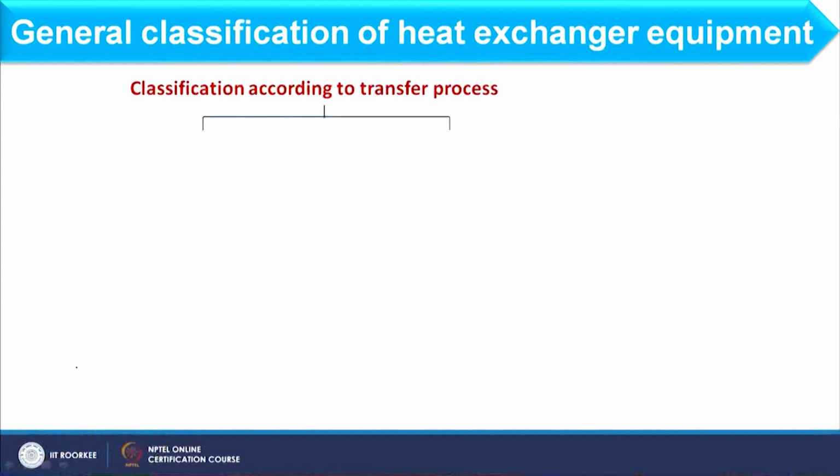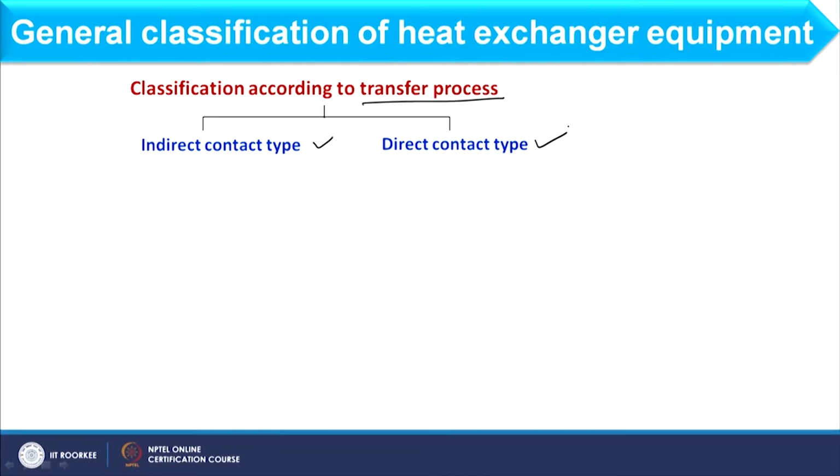Now we will focus on the classification of heat exchangers, and this classification depends on different factors. The first factor is that we classify the heat exchanger based on the transfer process, how heat is transferring from one fluid to another fluid. When I consider transfer processes, we have the indirect contact type and the direct contact type.